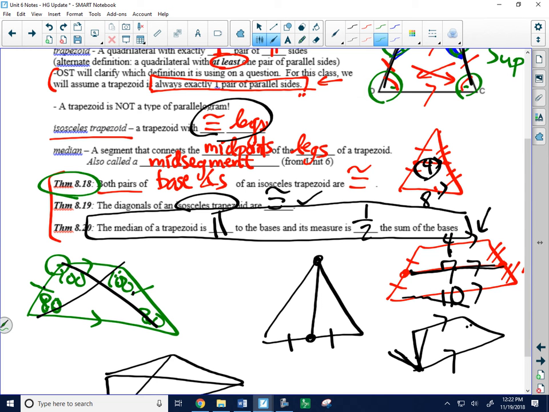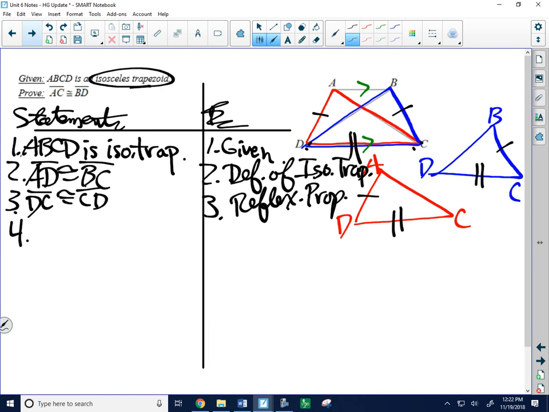Base angles are congruent. It is an isosceles trapezoid, so the base angles are congruent. There's two sets of base angles. I will just choose the ones that are in my triangles. So I choose angle ADC congruent to angle BCD.